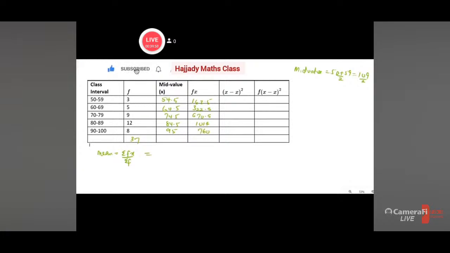So calculating the sum of everything, that is adding everything together, the sum is going to be 2,930.5. So with this, my mean is going to be 2,930, which is the summation of fx over summation f, which is 37. And from this, my mean is going to be 79.2.